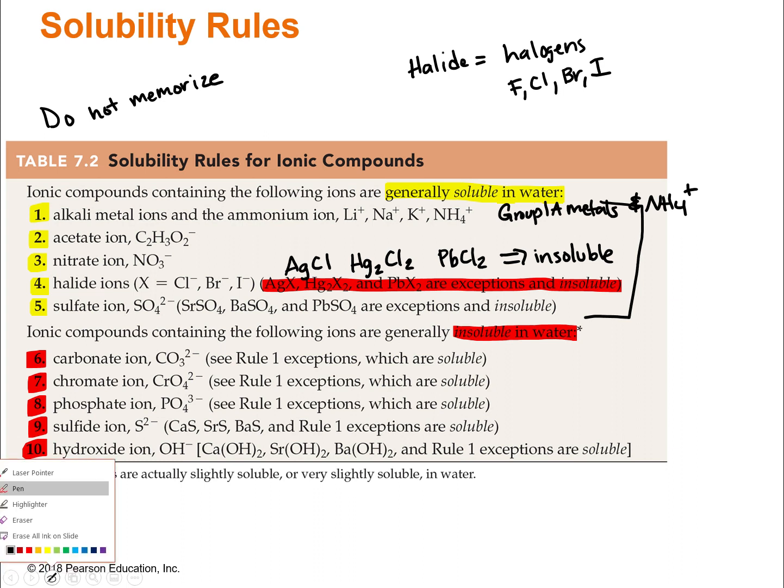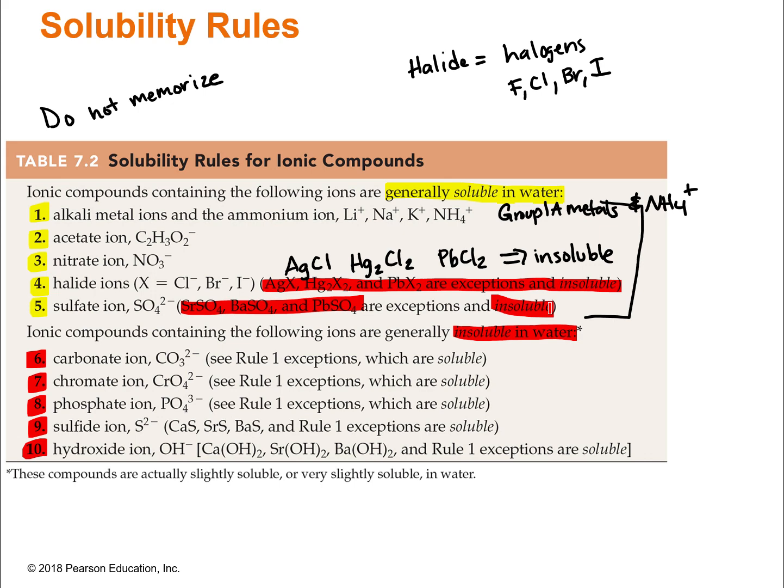Likewise, we have some exceptions with the sulfates. Strontium, barium, and lead 2 sulfate are also insoluble. So everything highlighted in red, insoluble. Now we're going to move on to the second part of the table. These things are usually insoluble, but there are some exceptions.